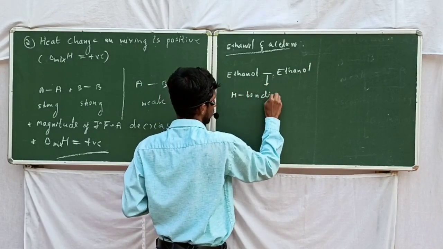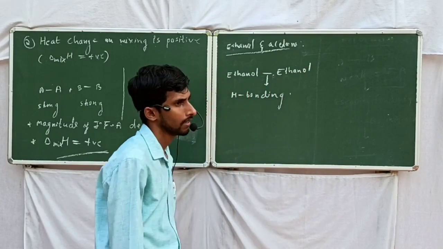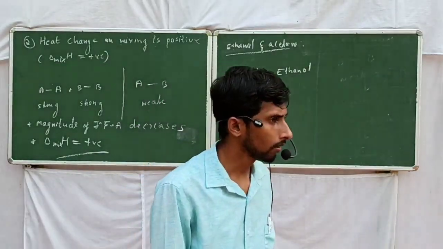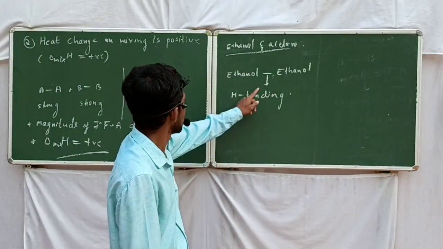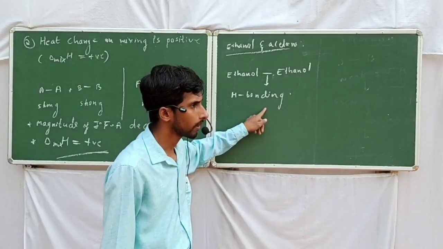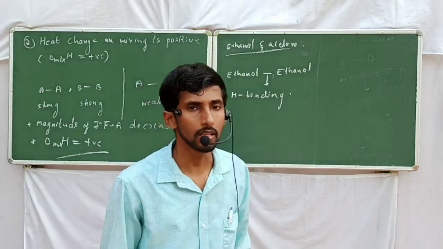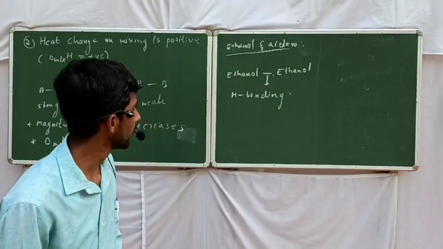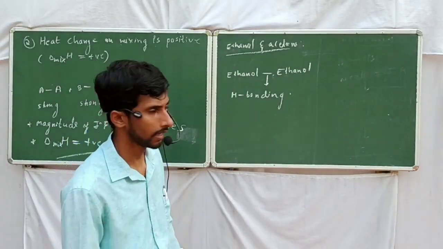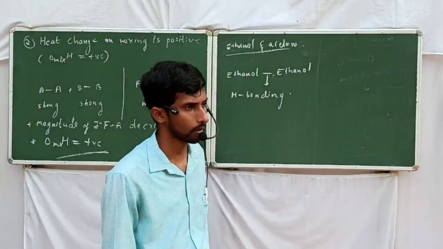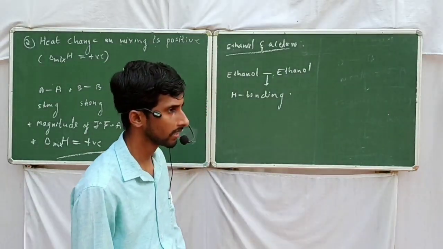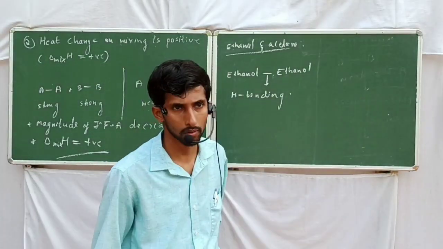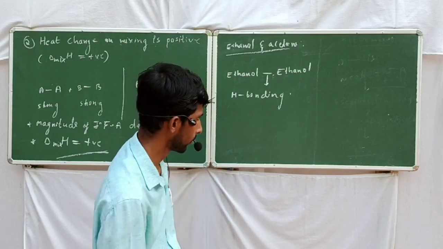While drawing two molecules of ethanol, we can join them by using hydrogen bonding, because the ethanol molecule contains the more electronegative oxygen atom along with an electropositive hydrogen atom, right? So they will form hydrogen bonding. Hydrogen bonding is a strong intermolecular force of attraction between any two molecules.